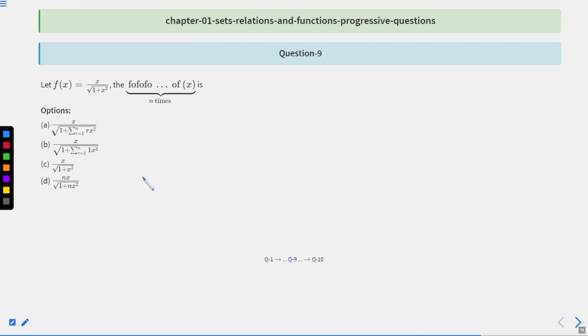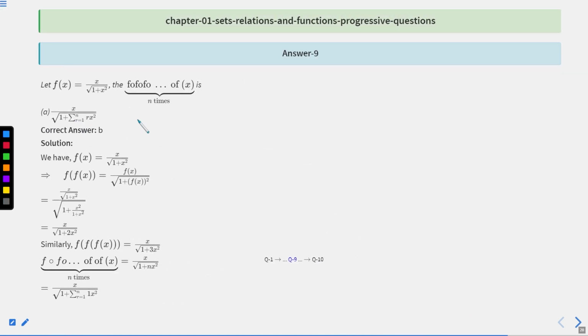Let's move to question number 9. In question number 9, it is given that f(x) is equal to x upon root over 1 plus x square. Then we have to find this expression. Now let's check. Since f(x) is x upon root over 1 plus x square, what will be f(f(x))?